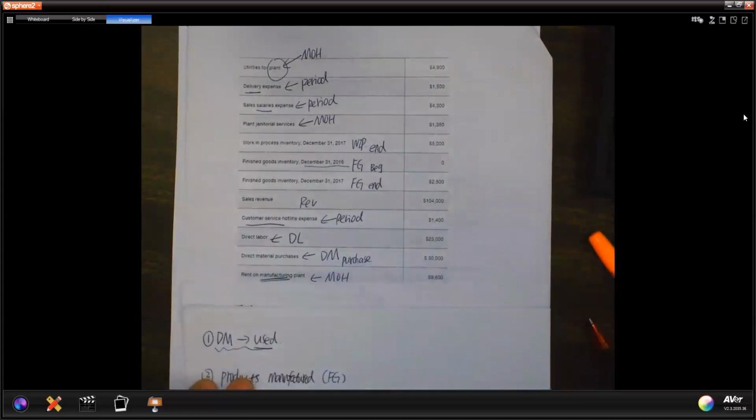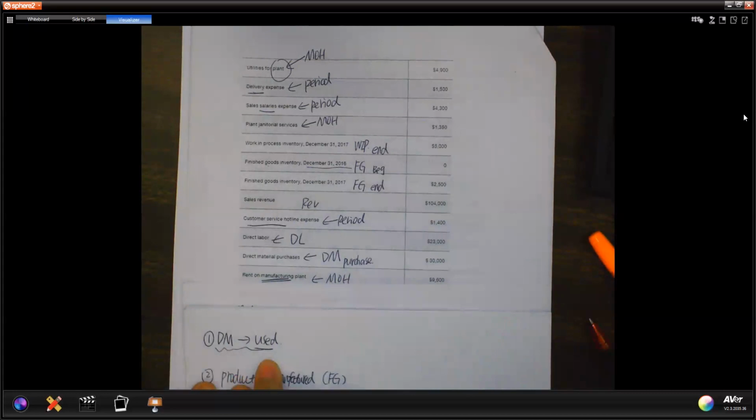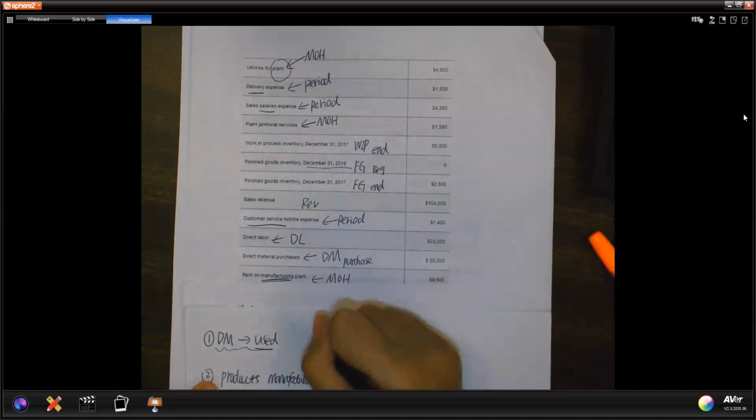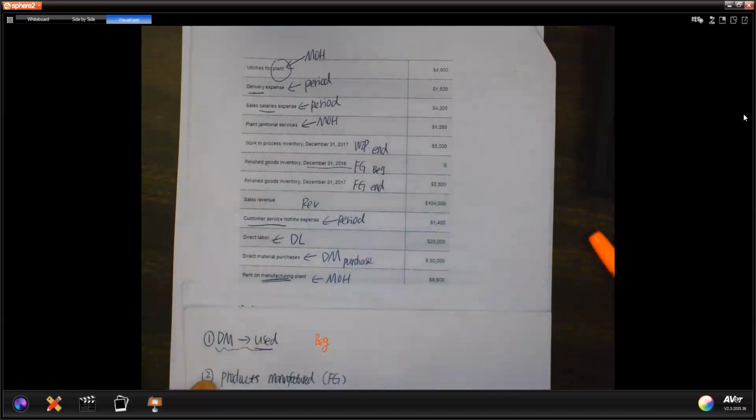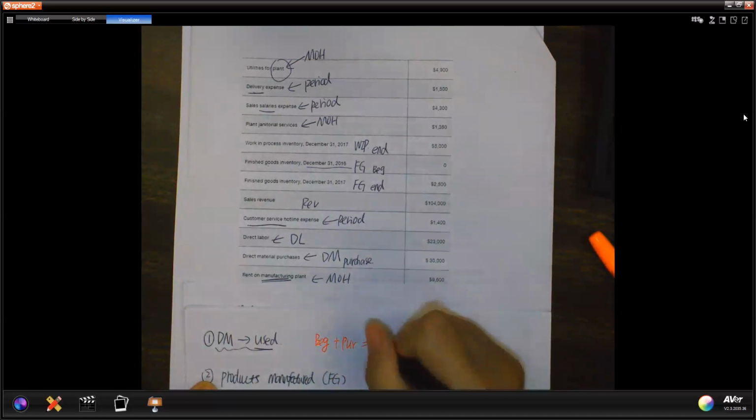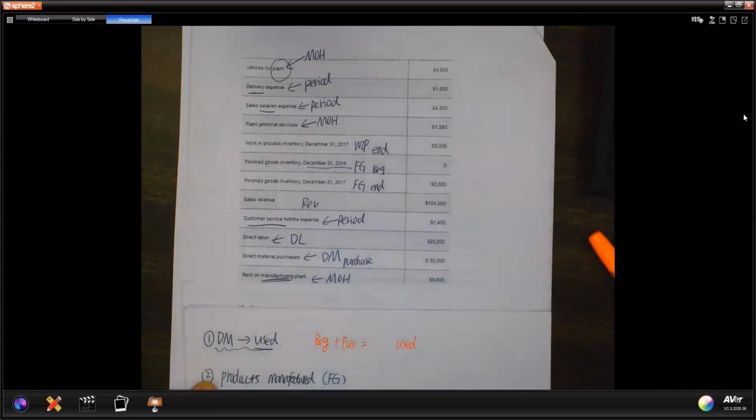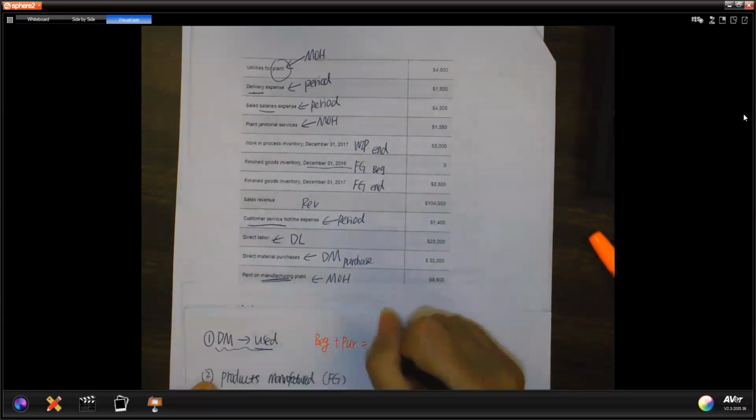So first, to get the direct material used, we take the beginning direct material plus our purchases. So that is all the material we can use. Either it will be used or it will be your ending inventory, right?